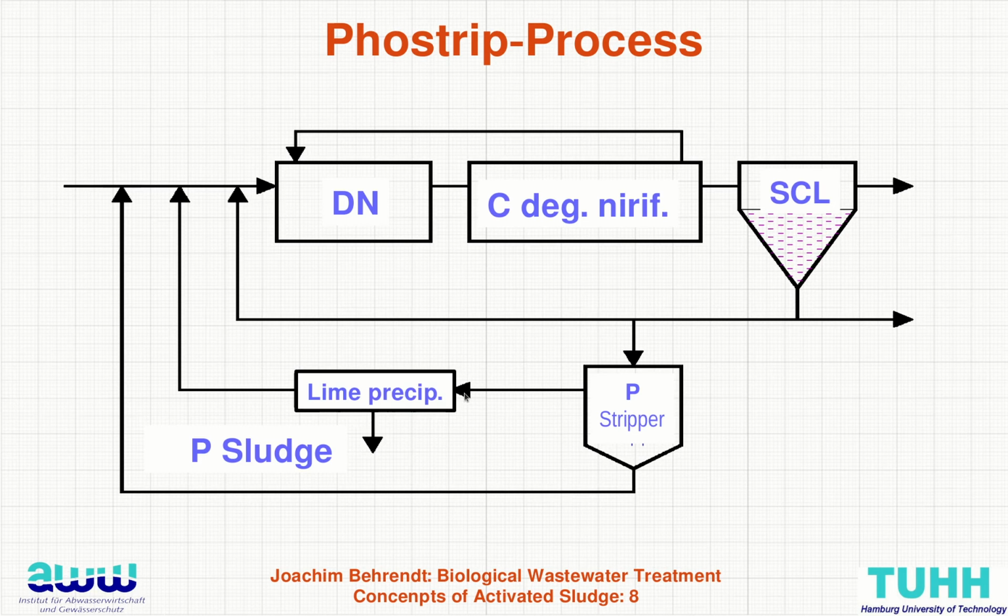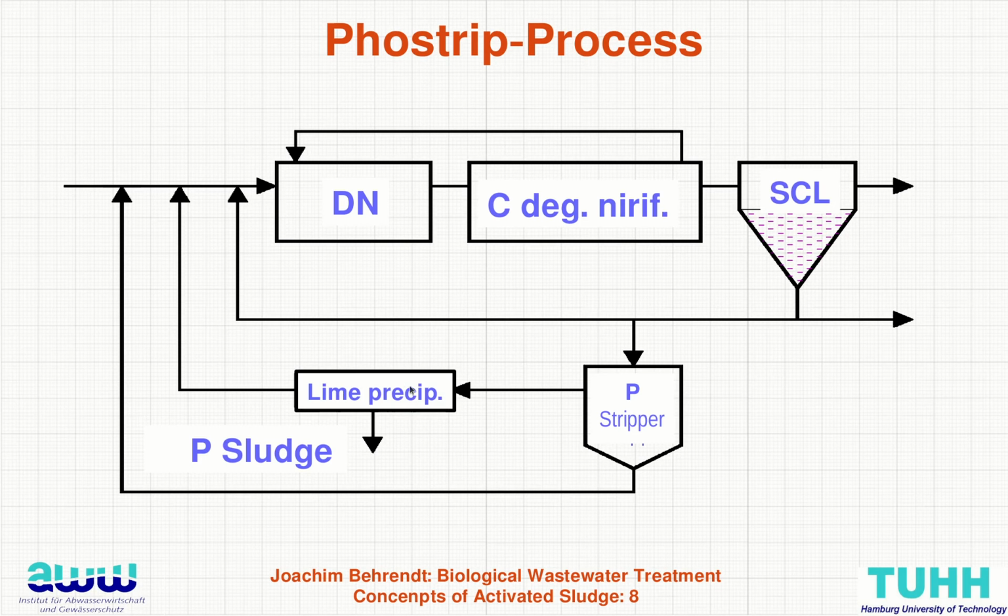And finally, in this partial flow, the P can be precipitated, for example with lime, to produce the P sludge that can go directly to the fertilizer industry.